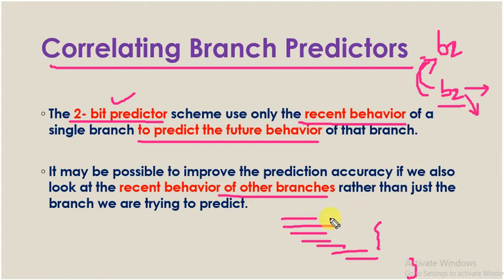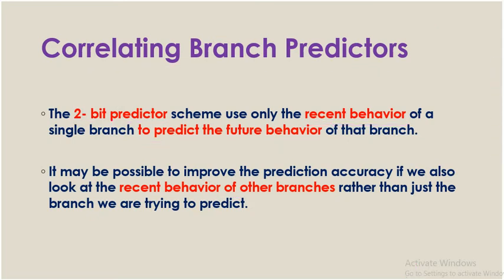But it is often better to use the recent behavior of other branches also to predict the behavior of a new branch. That is also possible, and we will see that mechanism in detail, which is called correlating branch predictors.